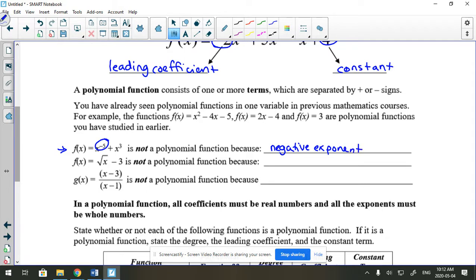Okay, the next one here, this is also not a polynomial function because there's a variable under a radical. So you can't have a weird variable under a radical, or in other words, you can't have a fractional exponent.